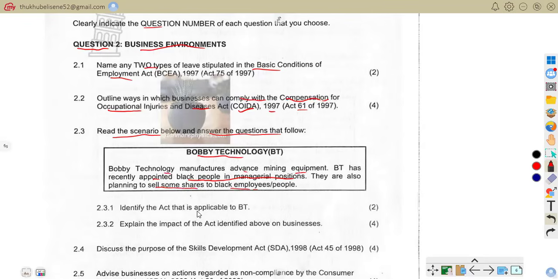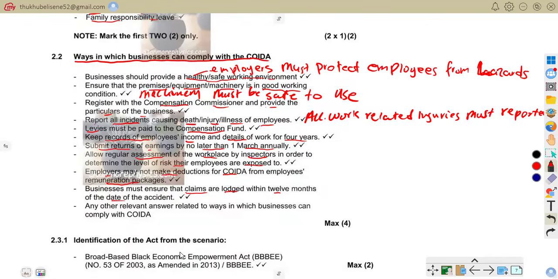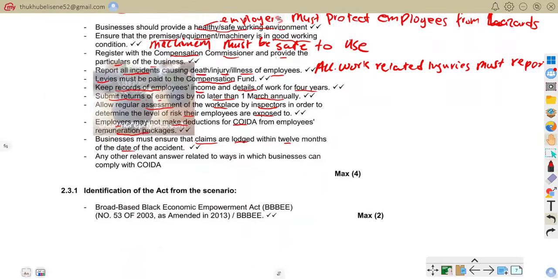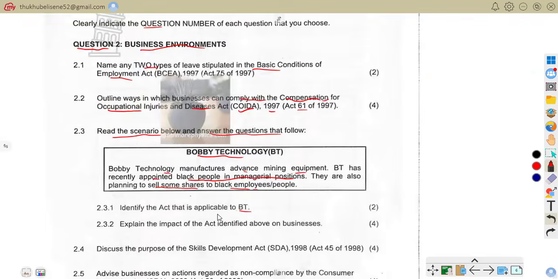identify the act that is applicable to this BBBEE Technology. So the identification of the act is what? Broad-Based Black Economic Empowerment Act, BBBEE, because of the inclusion of black people in positions.